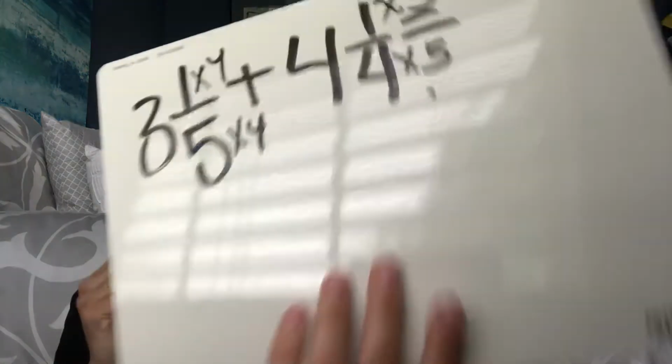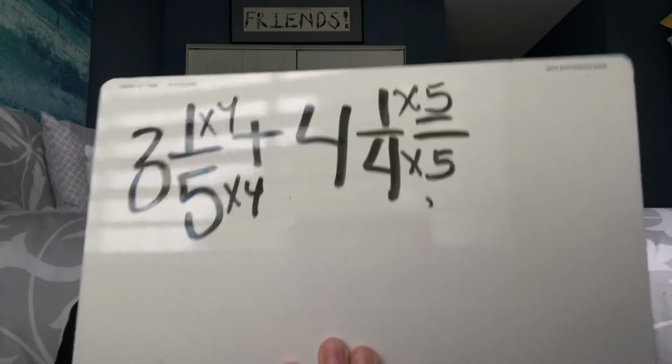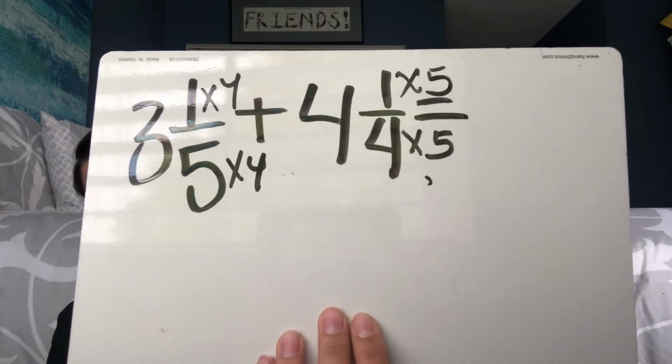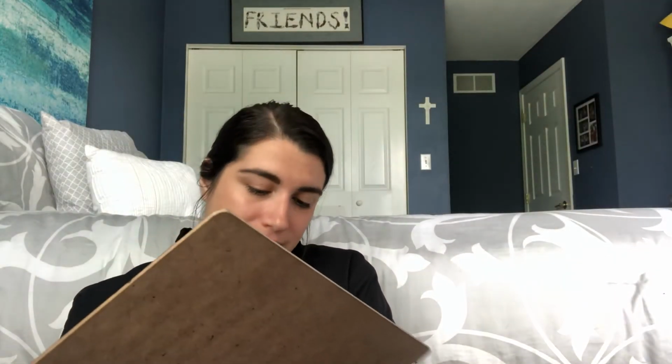So 1 times 4 and 5 times 4 and then 4 times 5 and 1 times 5. Just like that. So if you didn't do that, go ahead and pause and do it that way. So I'm going to get 3 4/20 plus 4 5/20.